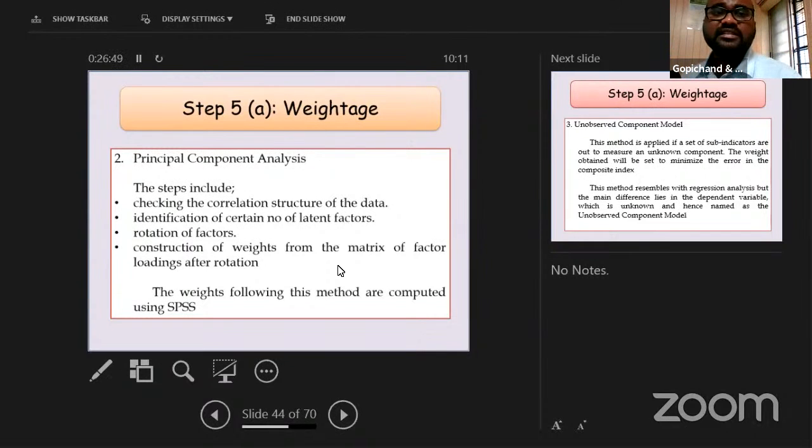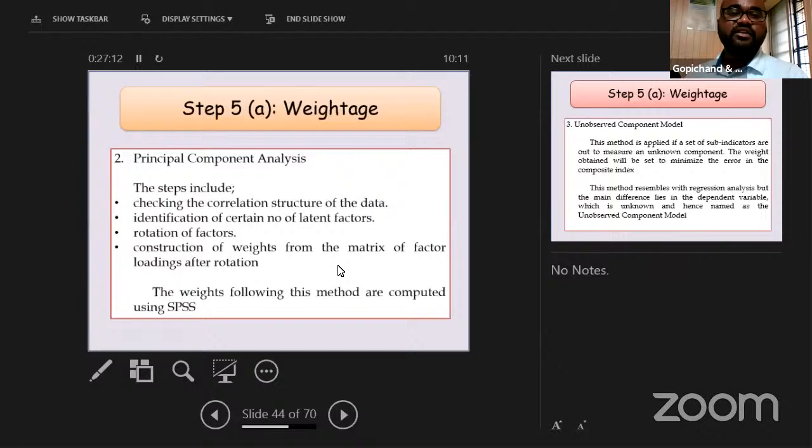Coming to principal component analysis, it includes checking the correlation structure. It is more of a statistical process than a normal process. Identification of a certain number of latent factors is important here, and the rotation of the factors, and construction of weights from the matrix of factor loadings.